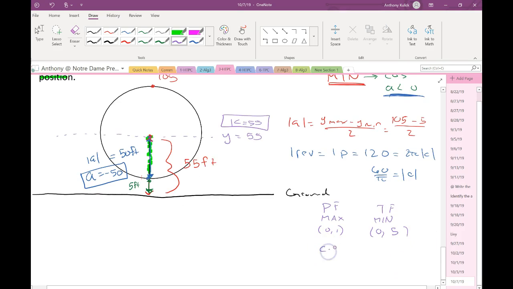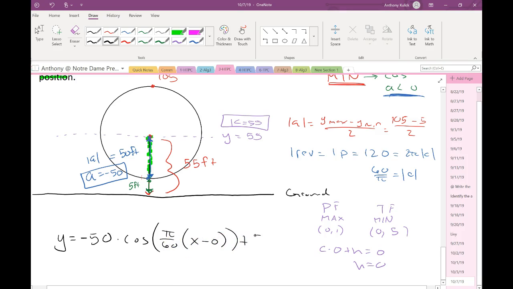So if I do the C times x plus h equals the transformed x, I see that h is equal to 0. That's the advantage of choosing to use a cosine function as opposed to a sine function. So I have negative 50 times cosine of the reciprocal of C, x minus h, plus k.